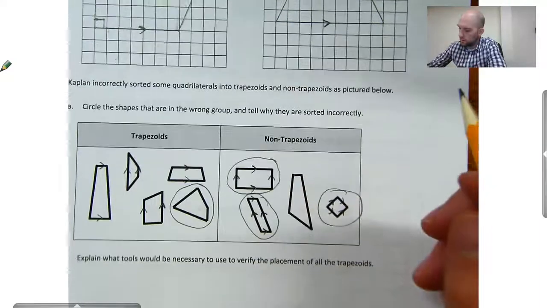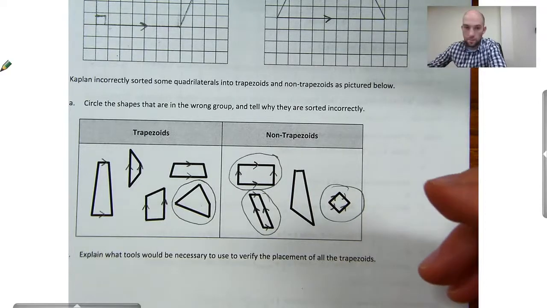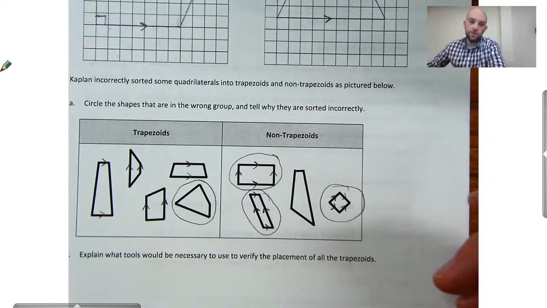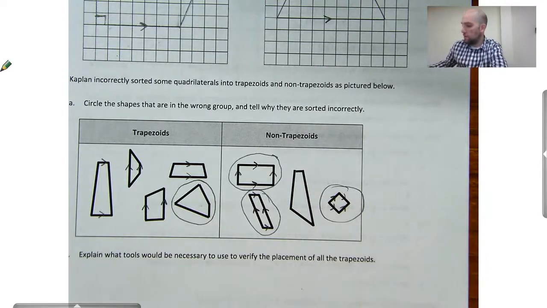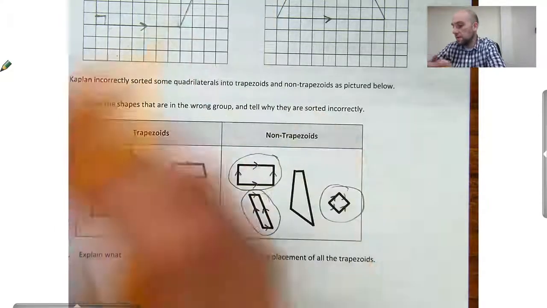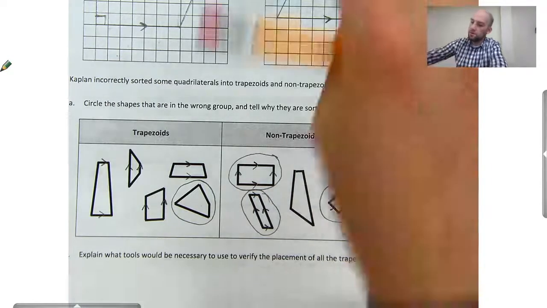So it says, explain what tools would be necessary to verify the placement of all the trapezoids. I think if we really wanted to measure to see if they were parallel, we could use either a ruler or a protractor to figure out the angles, to make sure that the angles would be the same for the two opposite sides. But just by sight, we can kind of see which ones are parallel and which ones are not.